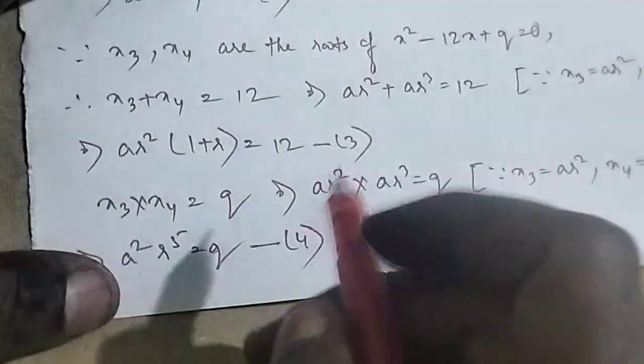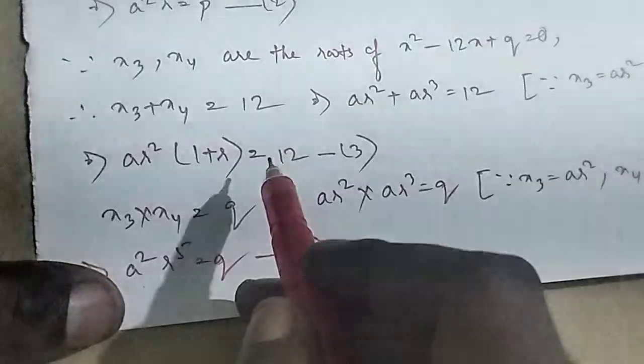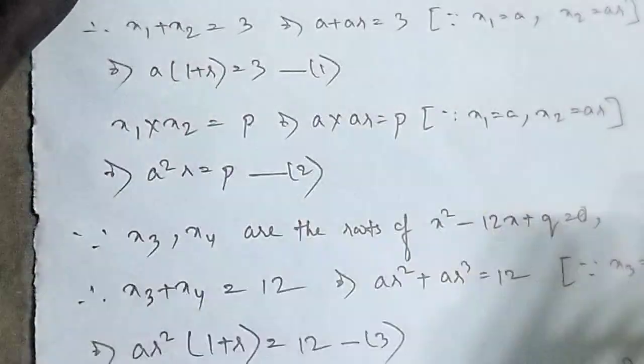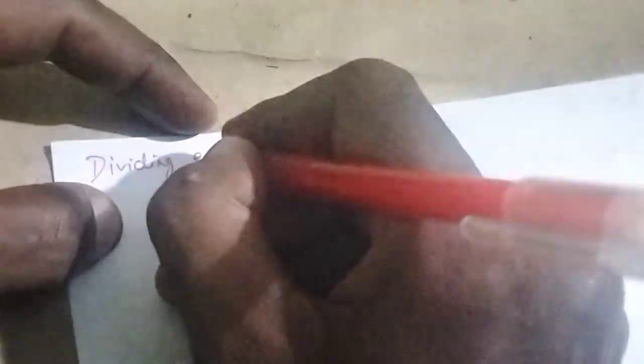So now what will I do? I will divide equation 3 by equation 1. What was equation 3?